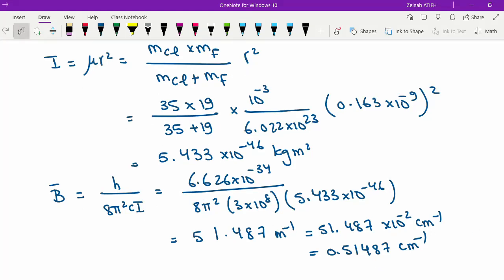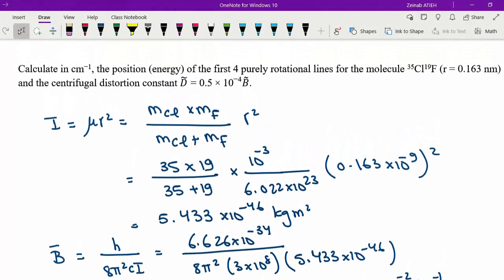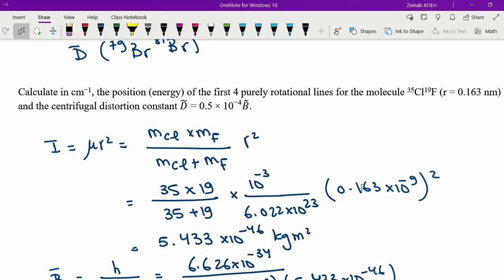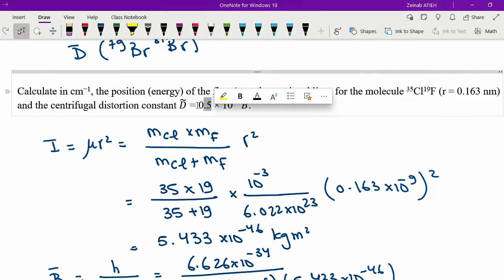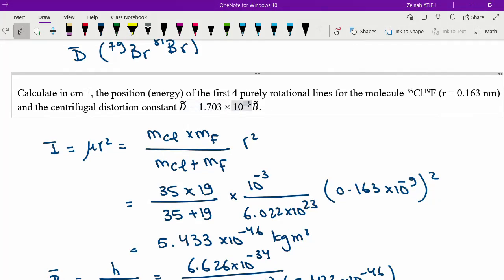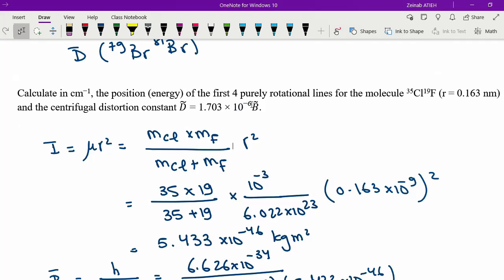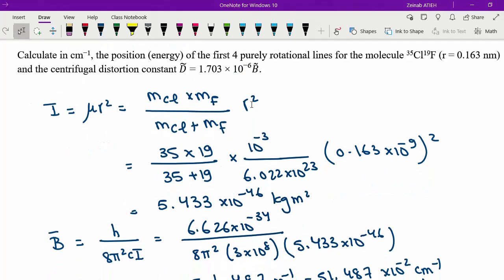Now after finding B bar, we are now able to find D bar. He gave us a relation between D bar and B bar. Sorry, this should be 1.70 and this here must be minus 6. So now let's find D bar.